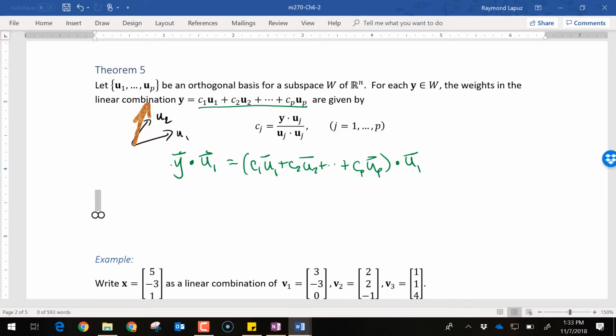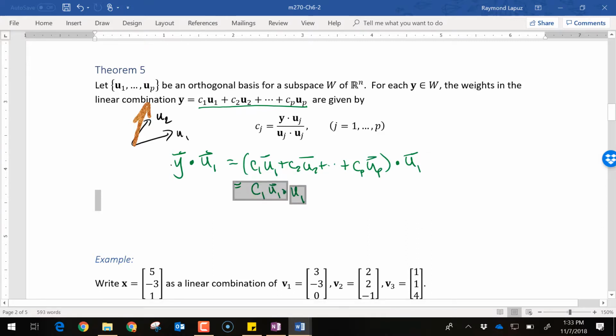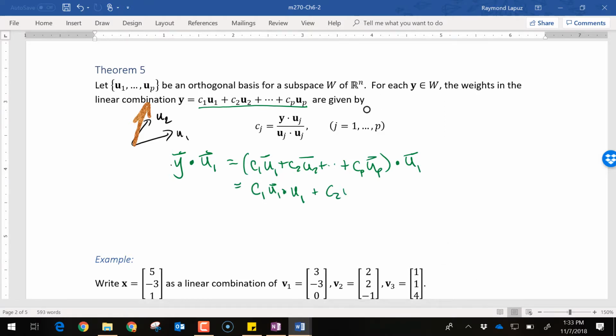And then there's a distribution formula, right? Or property, C1 U1 dotted with U1. What's happening? Plus C2 U2 dotted with U1, plus plus CP UP dotted with U1.